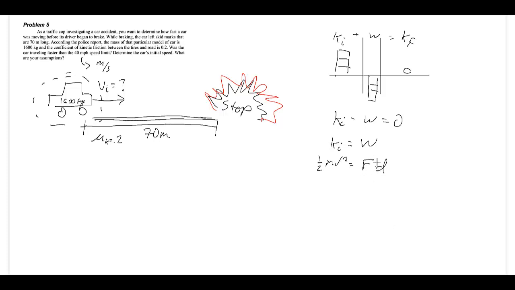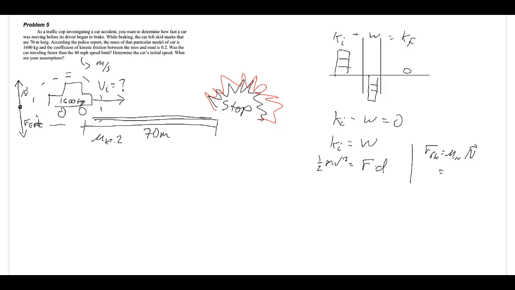These equations are, of course, 1/2 mv squared is equal to force times distance. Now, this force here is the friction force. If you recall, force friction kinetic is equal to mu k times the normal force, or F normal, however your teacher writes it. In this case, because the object is on the ground, here's our force diagram for the object. This is force Earth on car. This is the normal force.